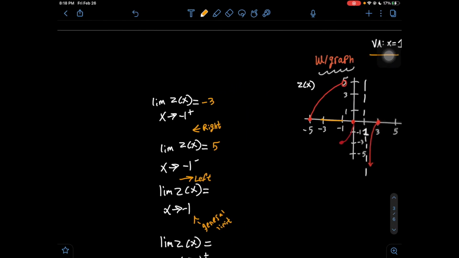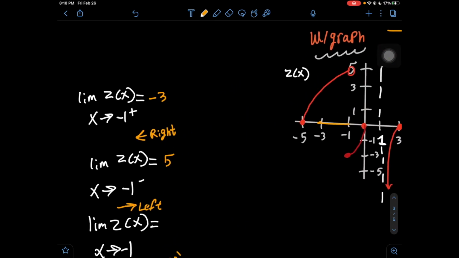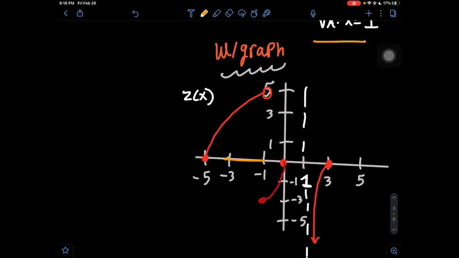So now let's go back to the graph, going to -1. Again, as we said before, it approaches from two different points. So if it's here, it's approaching -3 at -1, and then it's approaching 5. And remember, the open circles really don't make a difference.